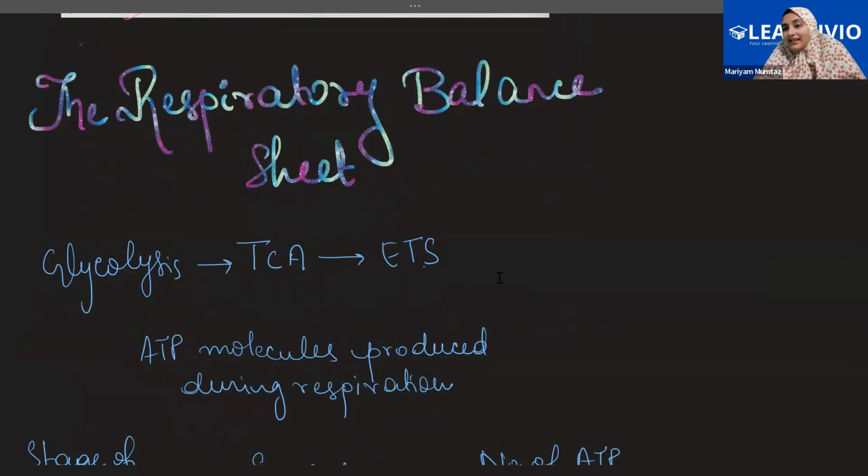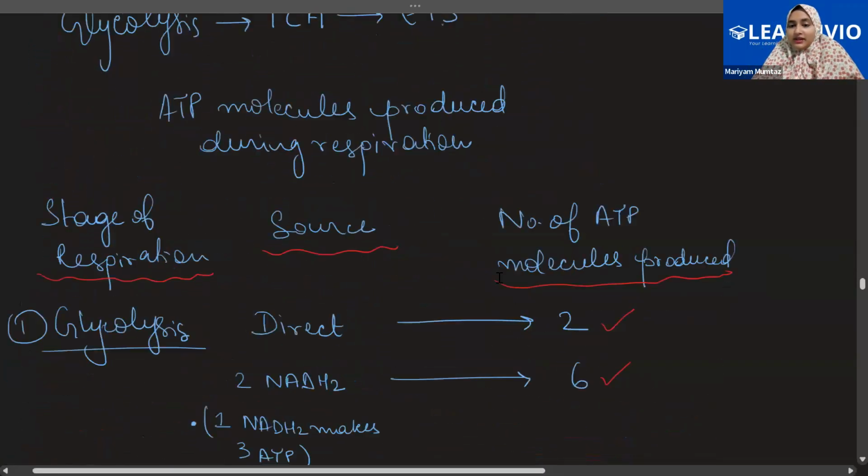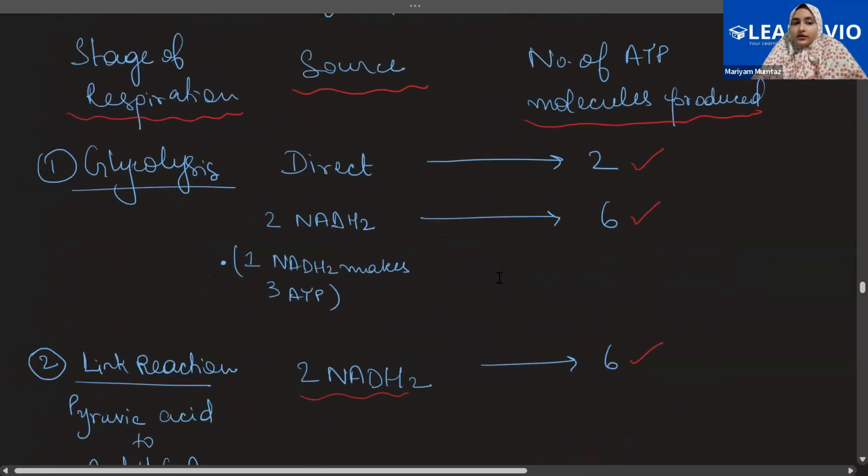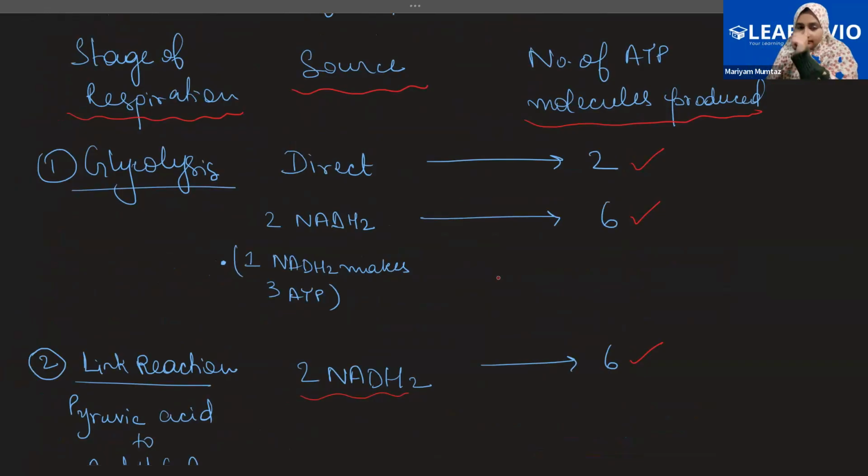Just like a balance sheet does the calculation, here we do the calculation of how many ATP we have received. During glycolysis, directly we got 2 molecules of ATP and we also got 2 molecules of NADH2. One molecule of NADH2 makes 3 ATP, so 2 would make 6.